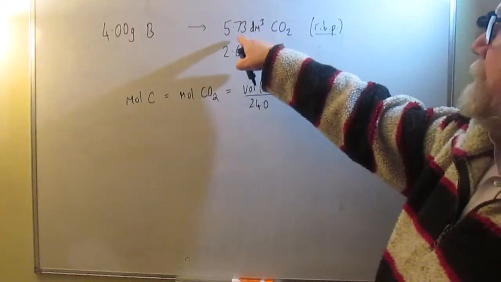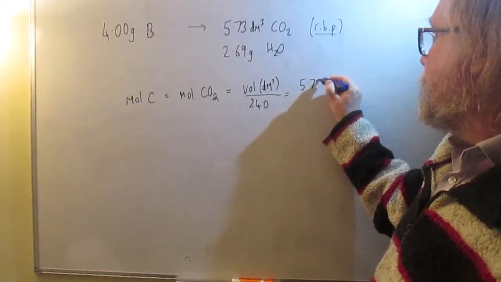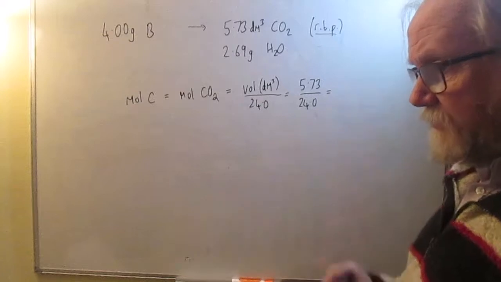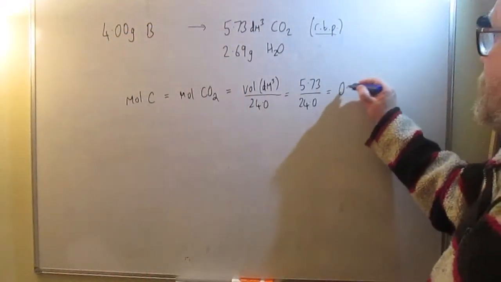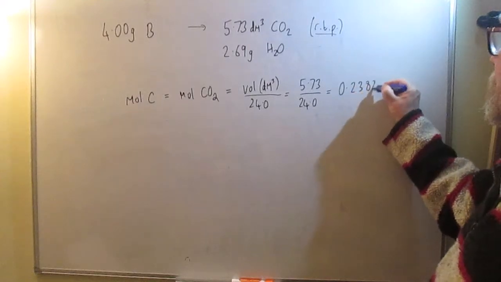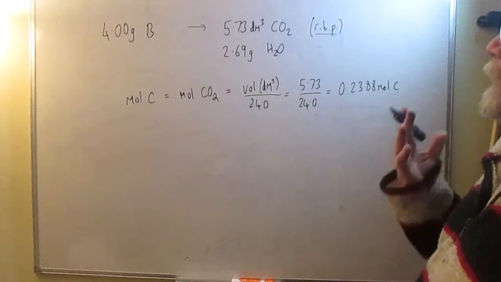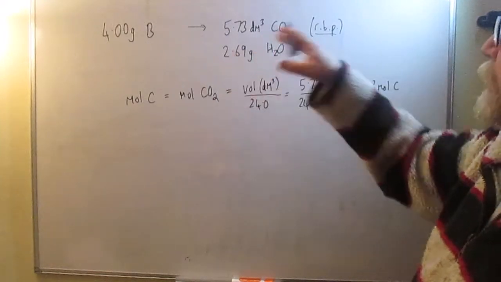So helpfully we've already been given the volume in the right units in dm cubed, so that's just equal to 5.73 divided by 24.0, which, if you divide it out, comes to 0.2388 moles of carbon. With the hydrogen, what we have to do is work out how many moles of water we've got.